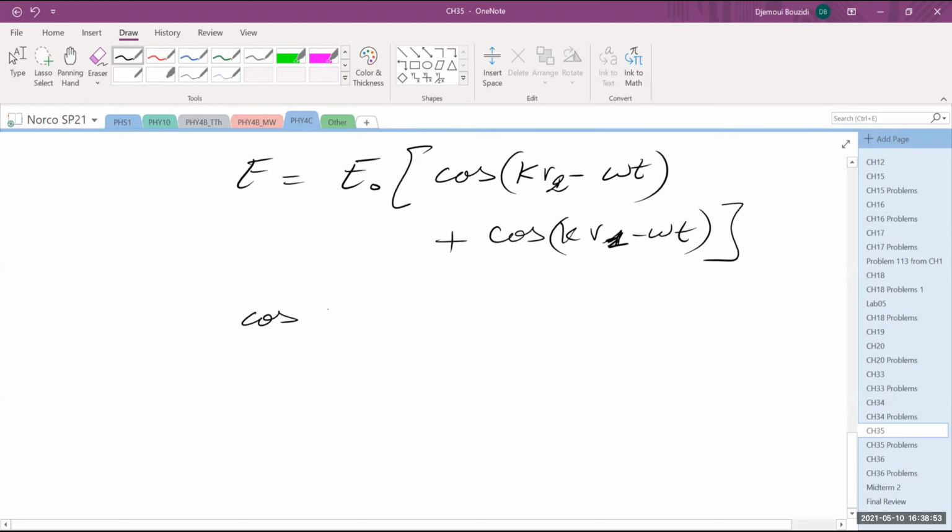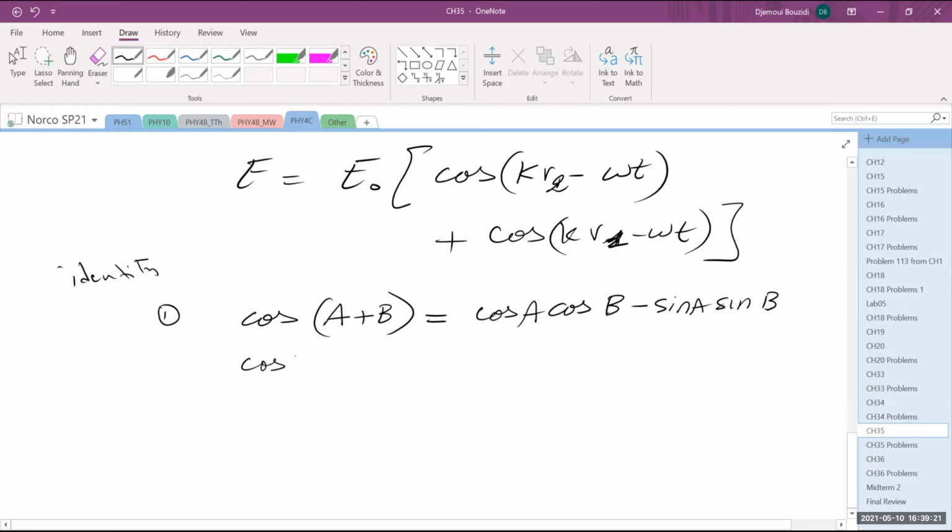What I'm going to say in here is cos of A plus B first is equal to cos A cos B minus sine of A sine of B. This identity I know. You don't have to remember everything when you're doing stuff like this.